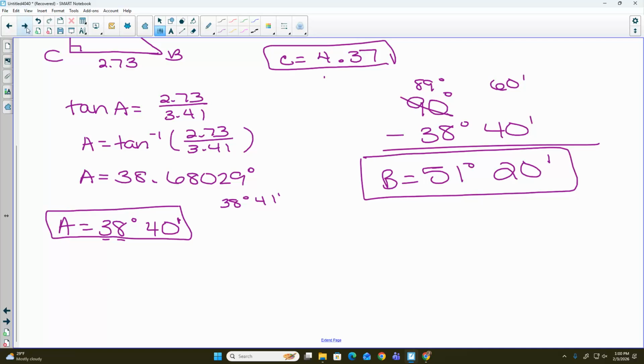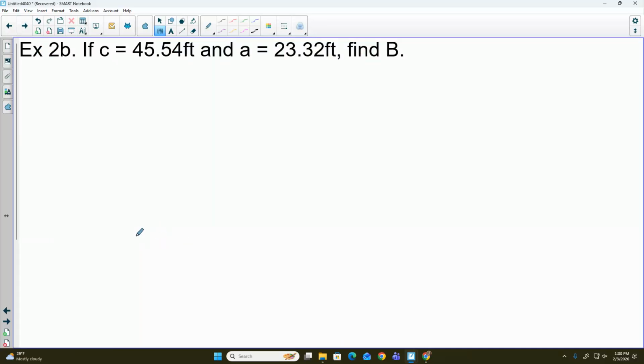Let's try one. So in right triangle ABC, side C, so opposite of angle C, is 45.54 feet.